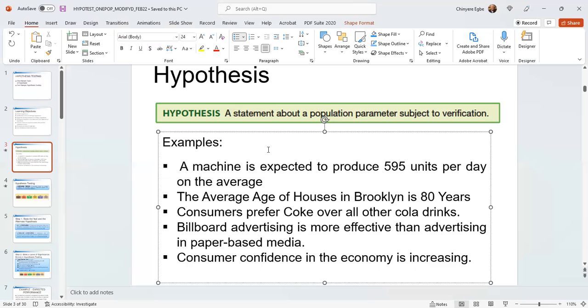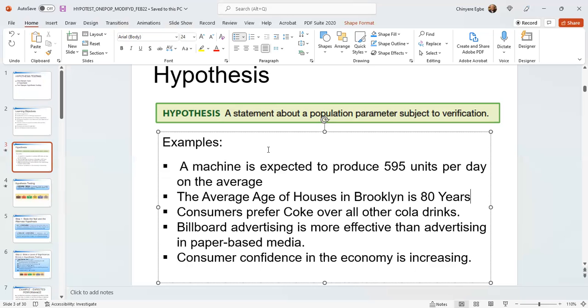And then what you do is use data on the age of houses in Brooklyn. You take a sample of data. You can get the entire population. If you get the entire population, then you don't need to test a hypothesis, okay? So if you take a sample of data, then you can use that sample of data to test the hypothesis that the average age of houses in Brooklyn is 80 years, okay?